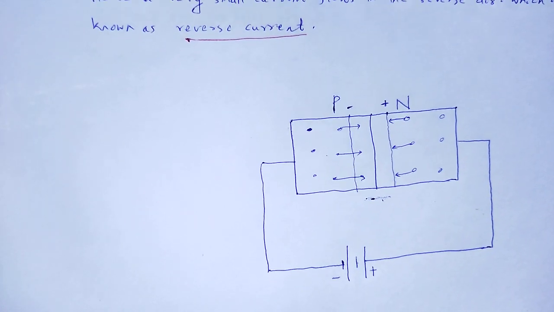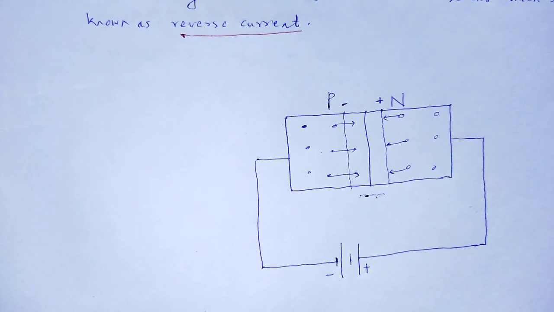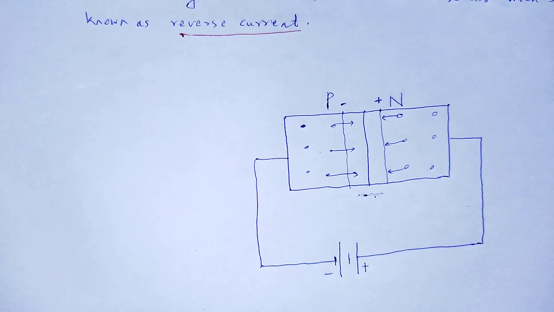In this way, we explain the current flow mechanism in case of forward biased and reverse biased p-n junction.